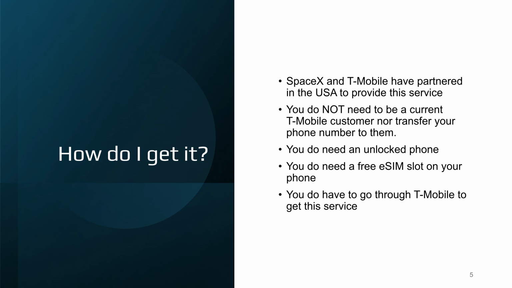You can do a Google search and figure out for your specific phone and operating system if it's unlocked or not. You do also need to have a free eSIM slot on your phone. So some phones just have a traditional physical SIM card slot. If that's all it supports, your phone won't work for this. There are certain devices that this will only work with.